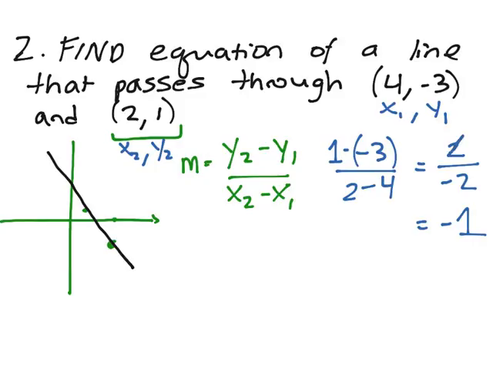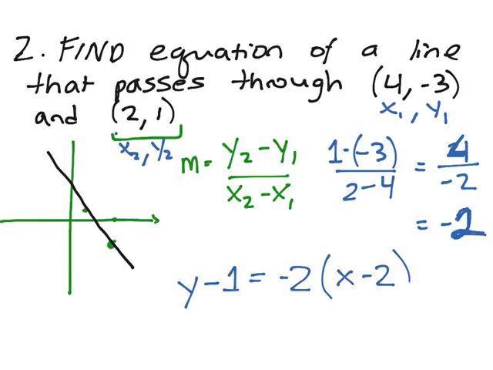Sorry, this should be 4, which would turn this into negative 2. That looks right. Now, taking this as our point, we have y minus y1, which is 1, is equal to negative 2, our slope, times x minus 2.